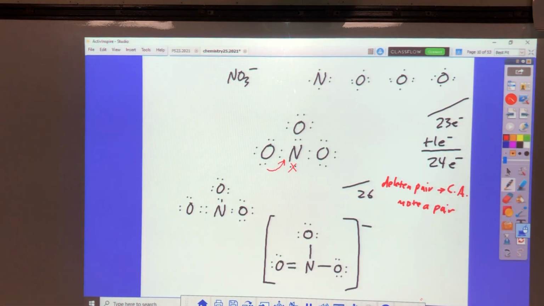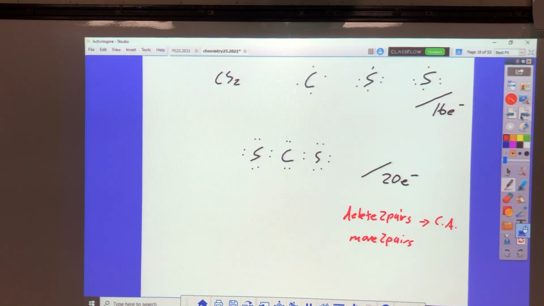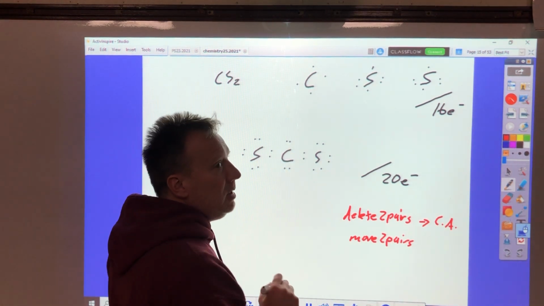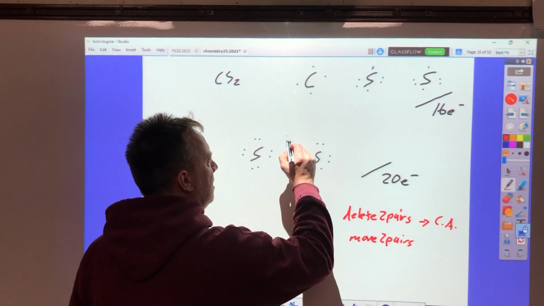Delete a pair and move a pair. Here I'm going to delete 2 pairs and move 2 pairs. And I want to delete these off the central atom. It's going to be easier. You can do other ones, but this is the easiest way.